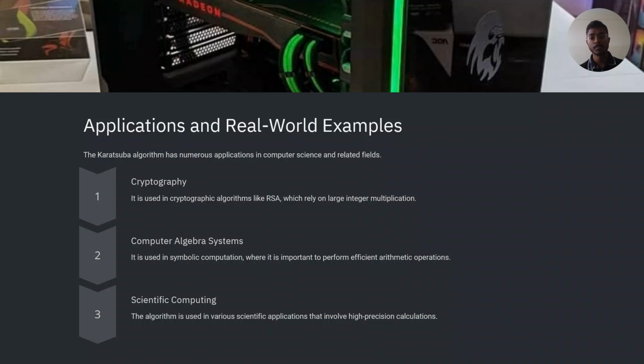In cryptography, it can be used in cryptographic algorithms like RSA, which rely on large multiplication techniques. Then we have computer algebra systems, used in symbolic computation, where it is important to perform efficient arithmetic operations. You also have scientific computing, where this algorithm is used in various scientific applications that involve high precision calculations.